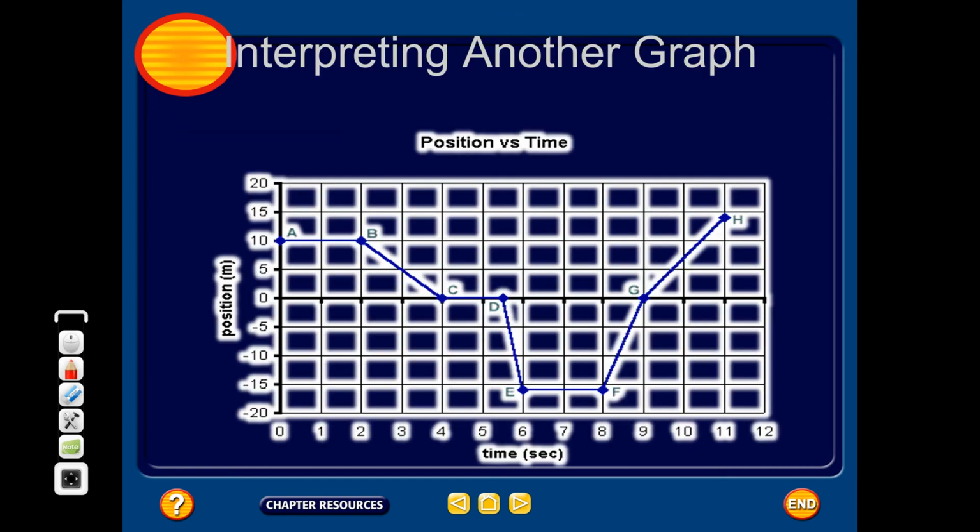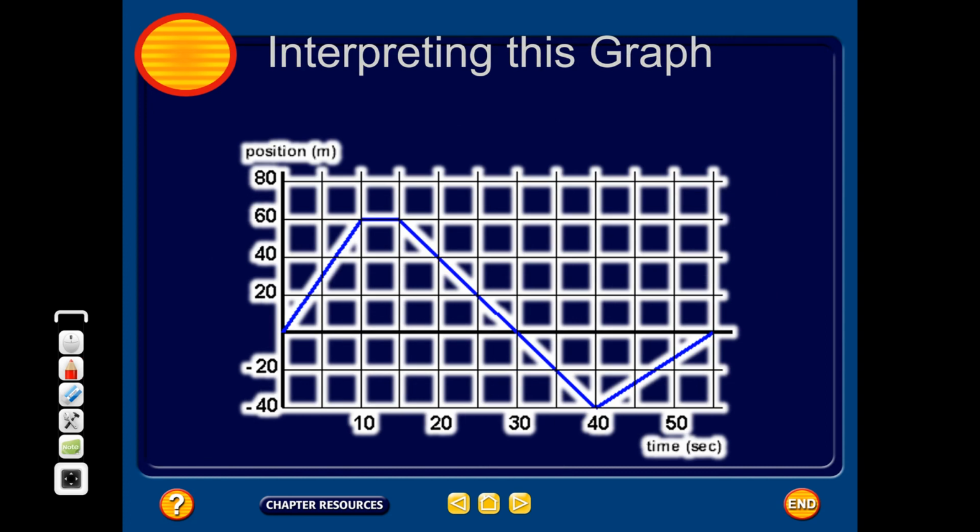Okay. There's a couple things I want you to basically be able to interpret, all right? What they're going to be asking you on position time graphs more than anything else is, one, is the object moving and which way? That's one question. So what I have to do is, whenever obviously there's a slope, I must be moving. Slopes mean there's motion. Okay? Because the idea is, at 0 seconds, I'm at 0 meters, but at 10 seconds, I'm now at 60 meters.